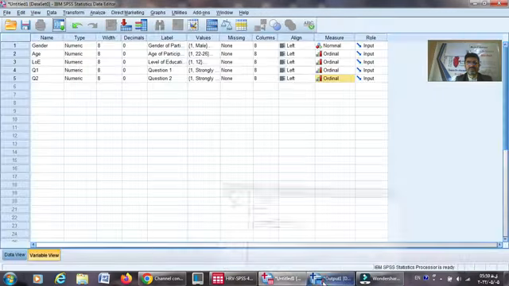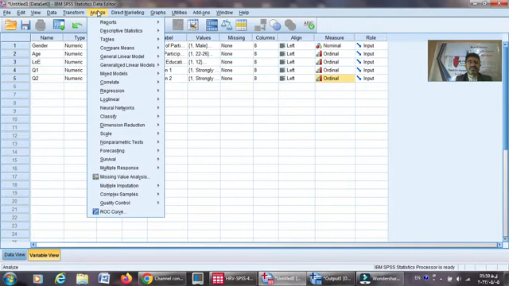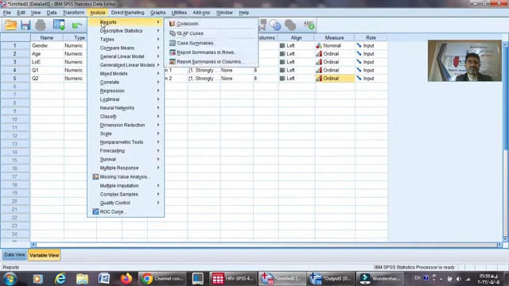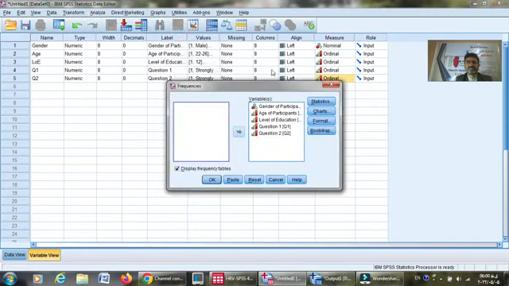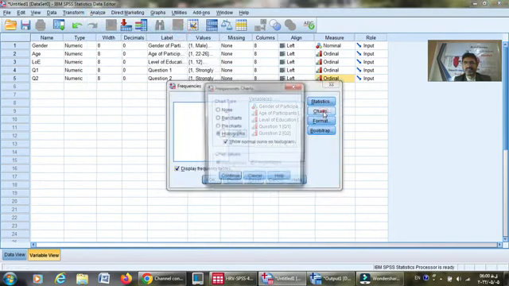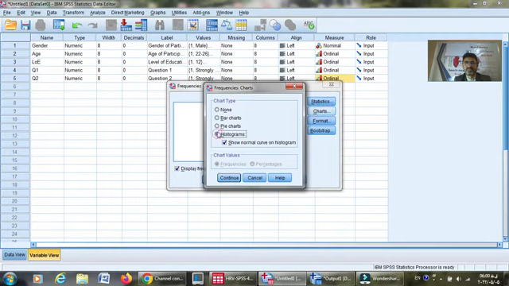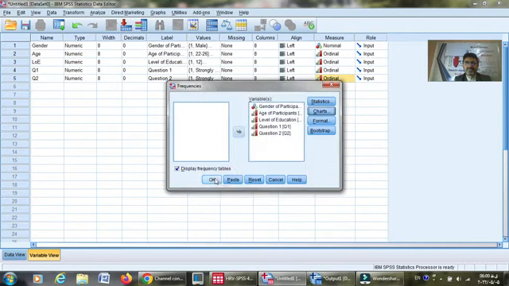And also frequencies. We have to go to data analysis. Analyze, descriptive, frequencies. Okay, here gender, age, then charts, bar charts. We can choose histogram. We continue.